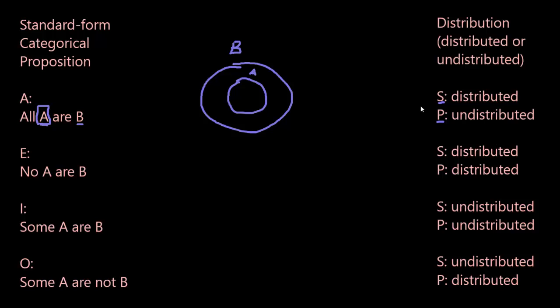And because of that, the subject term is distributed in this case, because A is our subject term. Of course, we don't know from the fact that all A's are B's whether all B's are A's. There's the possibility that there's something that exists within the space between the A's and the B's. Thus, the predicate term, in this case B, is undistributed.